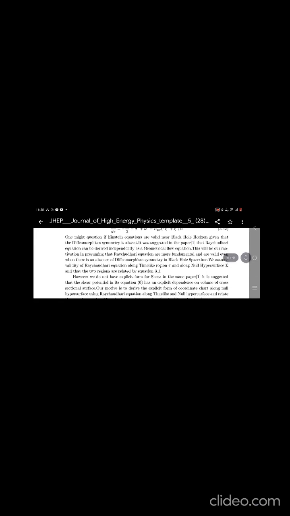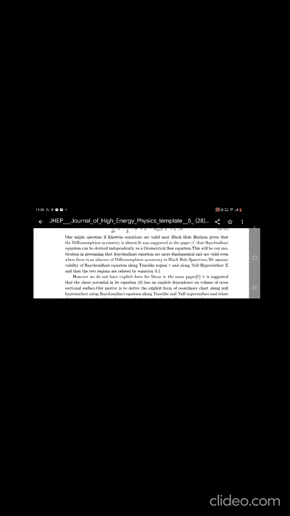We assume validity of the Raychaudhuri equation along the time-like region tau and along the null hypersurface sigma, and that the two regions are related by equation 3.1: eta is equal to d chi. However, we do not have an explicit form for shear in the same paper.